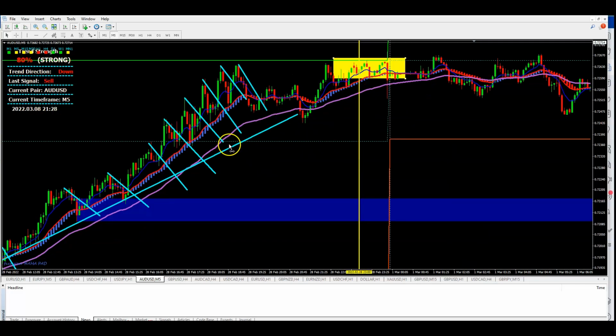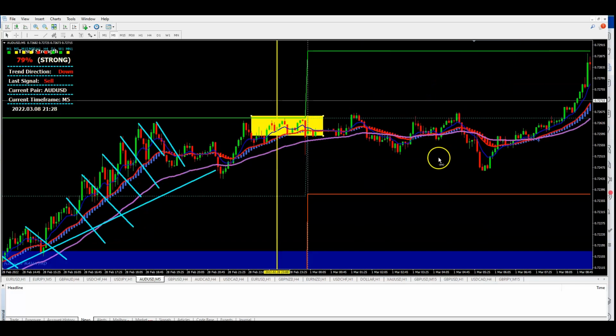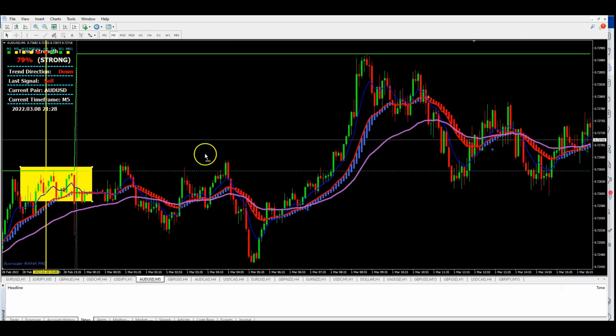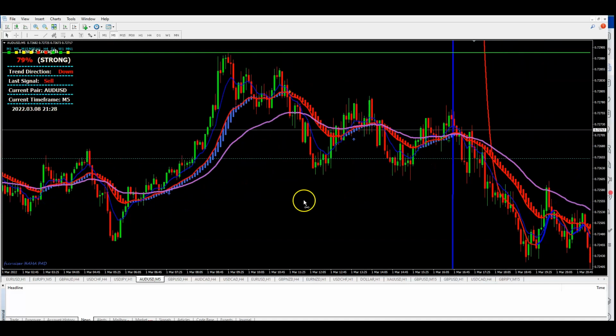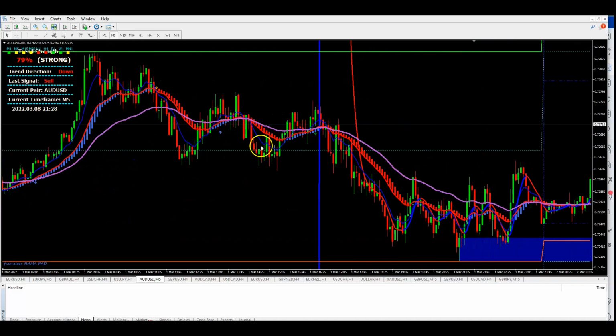So, like, let's see if it changed. Okay, it changed. Yeah, here we go. See, like over here, this is still the 5-minute chart. You had your crossovers, they come together.